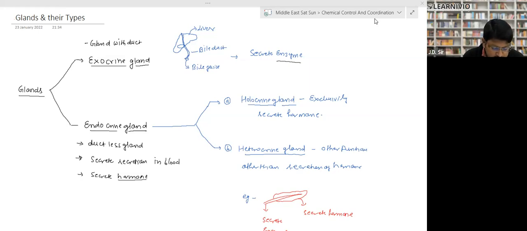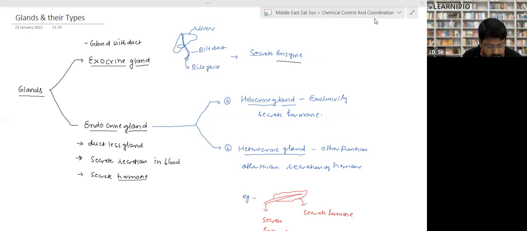The exocrine glands are the glands with duct, full stop.